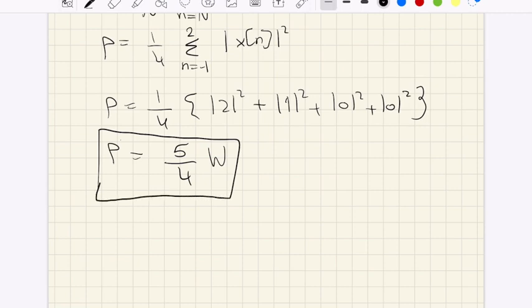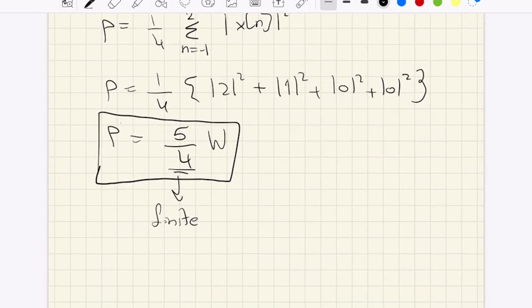And as we can see from this answer, we can tell that P is finite. This is a finite answer, and that's why we can say x of n is indeed a power signal.